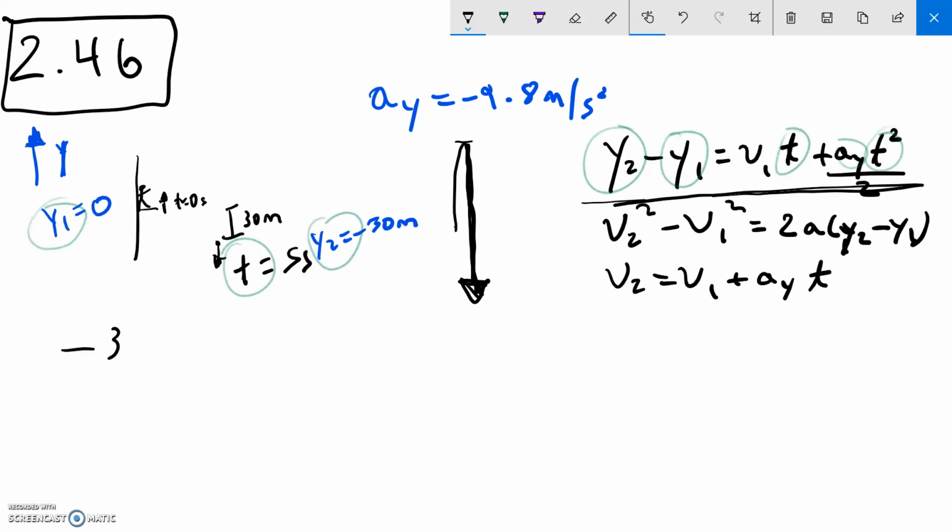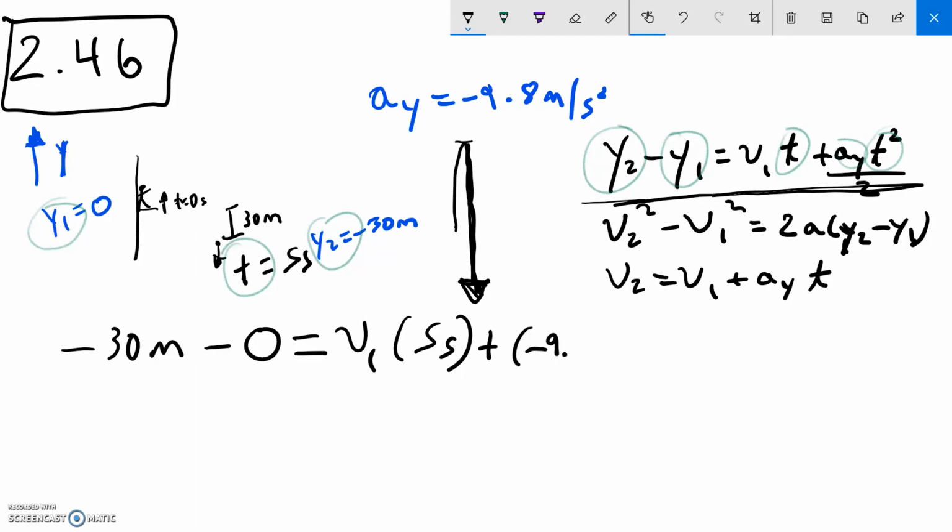And y2 is negative 30 meters minus 0 for the y1. V1, a variable I need to find, 5 seconds, and so on. All right.